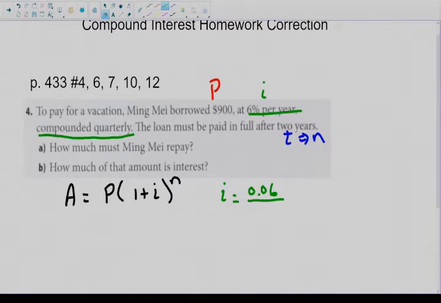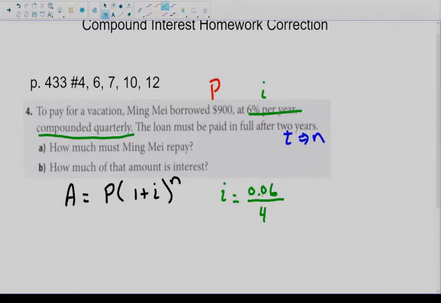But the bank is breaking that up into a certain amount of payments throughout the year. Compounded quarterly means the bank is breaking it up in 4 pieces. So you're dividing 0.06 by 4 because that's how much the bank is giving you every quarterly period. Okay? So at the end of the year, it'll add up to 6%.